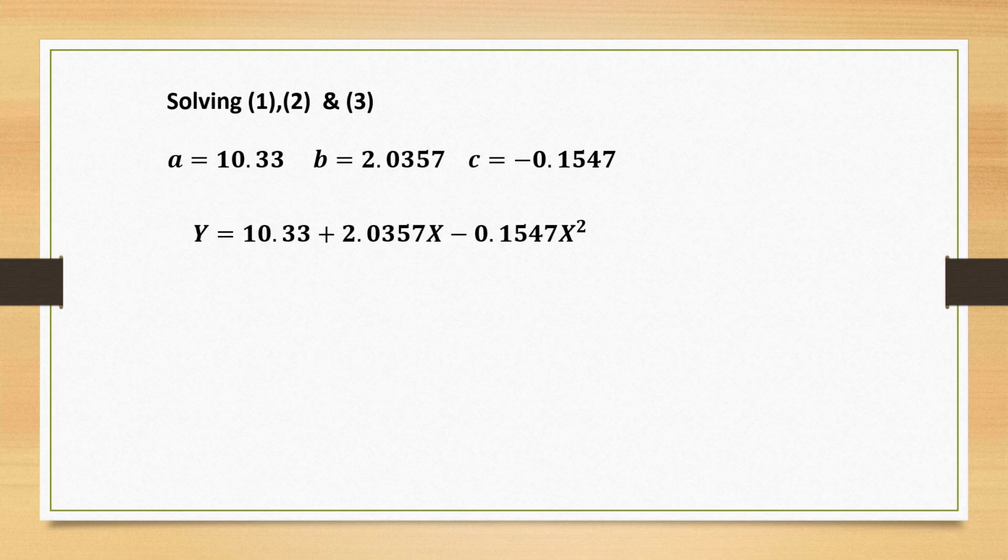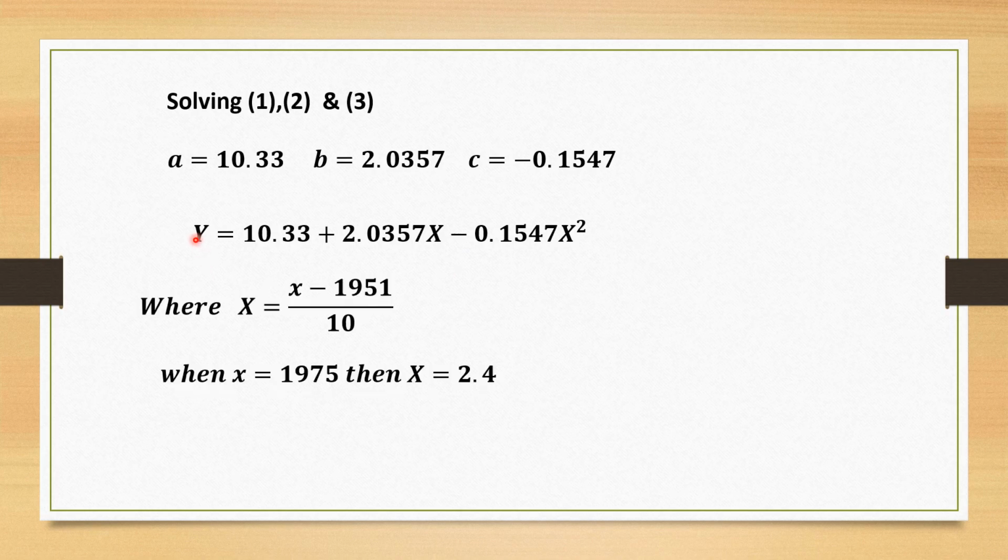Now whatever equation we have, the answer is in terms of capital X. So now convert capital X to small x. What we have taken, capital Y as small y. So I'll write capital Y as small y and capital X is x minus 1951 upon 10. Just substitute that.